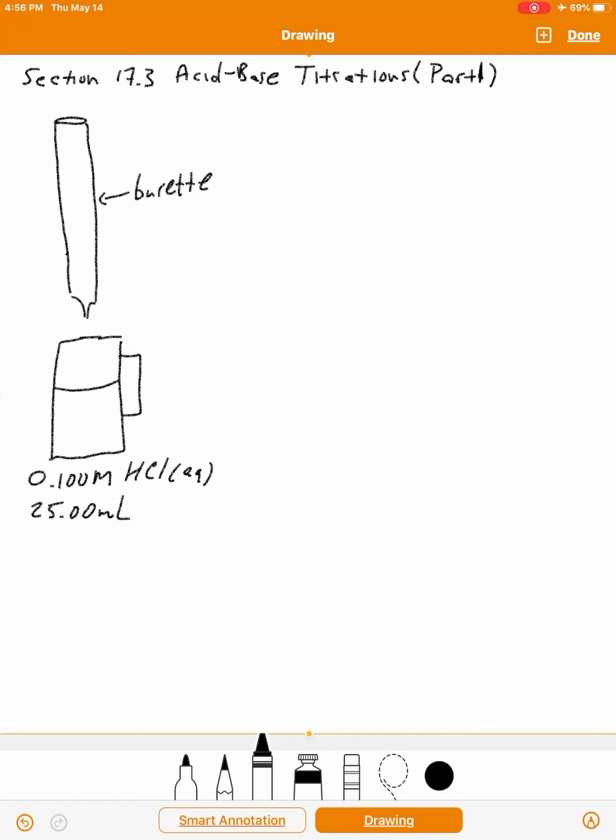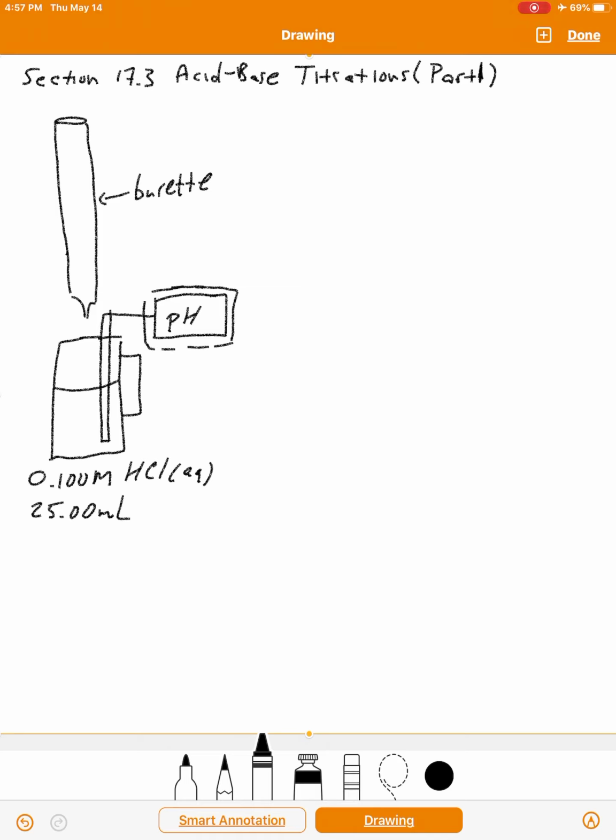Okay? And then we're going to put in a pH probe, a device that can measure the pH. Okay, very nice device.